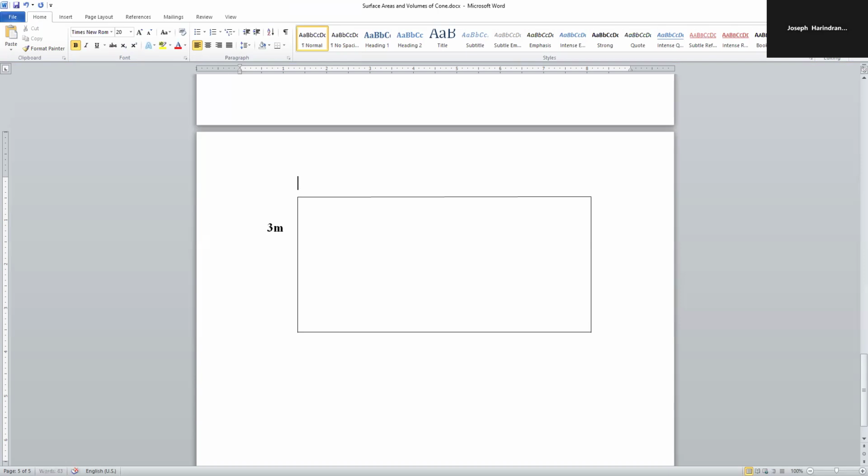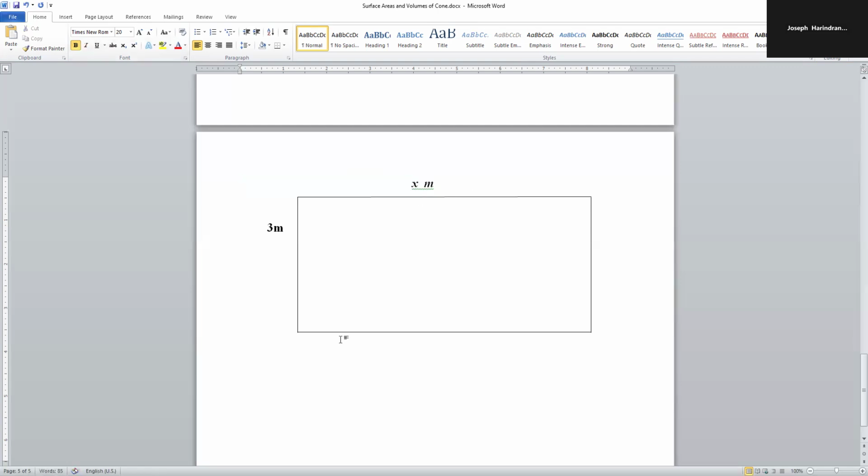The length is not known, but there is no harm in assuming it. You can assume the length is x meters. We can assume this as x meters.